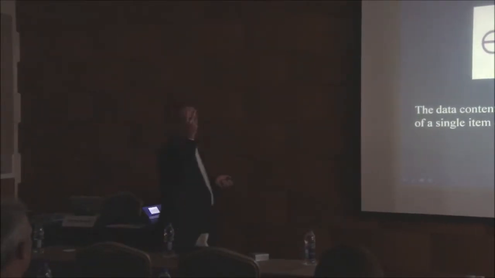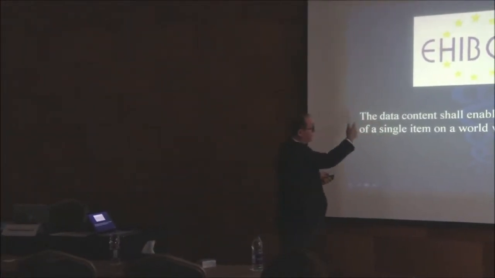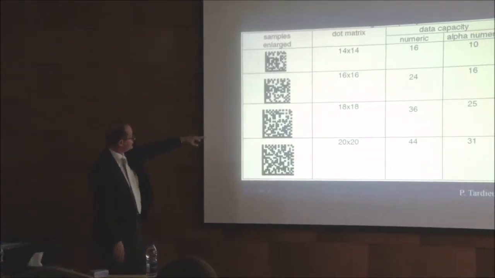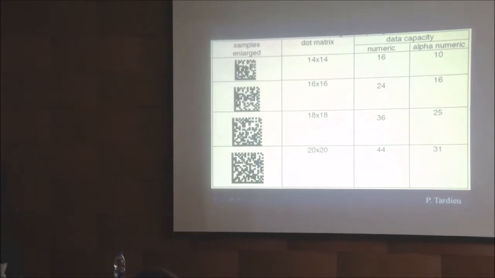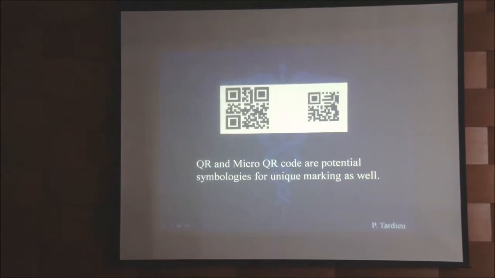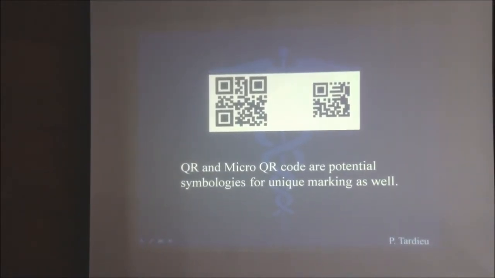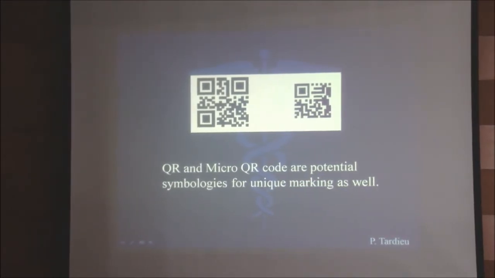You have two big companies in the world who are allowed to do that for the medical field. This is one of the companies, and we are working with it. You also have different sizes of QR code, because now all the instruments must be marked like this. So you have a big one or a small one, depending on what you're going to use. You also have the micro QR code, which is used, let's say, on this box of implant.